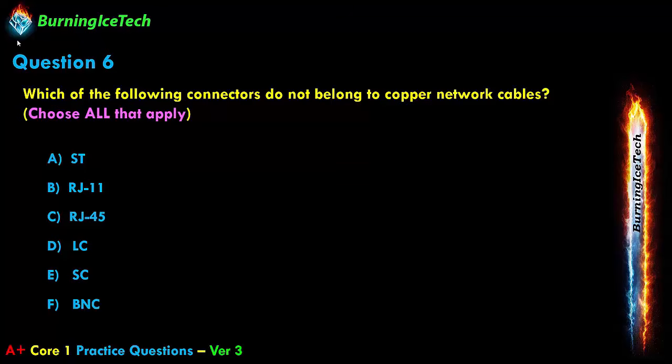That is short for lucent connector, which is also a fiber cable connector. So that's indeed one of the ones we're looking for. So 2 out of the 3 has been found. Looking at answer E, SC. That is short for subscriber connector, which is also a fiber cable connector. So we have indeed actually found our 3 answers. So there you go. The last one there, which is obviously wrong, is for coaxial. And that is a copper cable, which is not what we want.